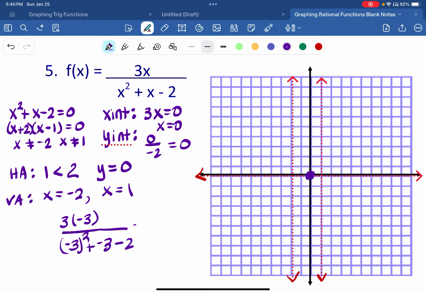Let's see what that gives us. -9 over 9 minus 5, which is 4. So -9/4. Now you notice this is going to be negative, right? And 4 goes into 9 twice, so -2 and 1/4. So we're going to go to -3, down 2, just a little bit past that, so somewhere right in here. Okay, -2 and 1/4.